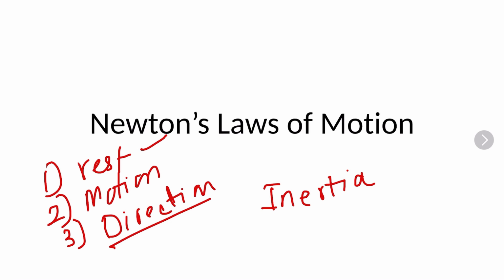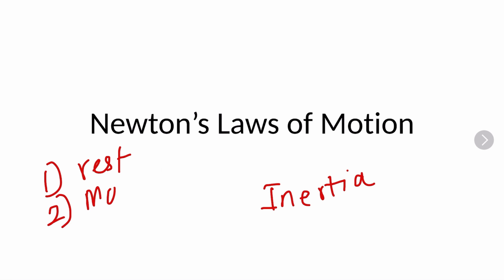So on the whole, what we can understand about inertia is that a body cannot do anything on its own. If it is at rest, it stays at rest. If it is in uniform motion, it continues in uniform motion along a straight line. If it is moving in a particular direction, it cannot change its direction on its own.